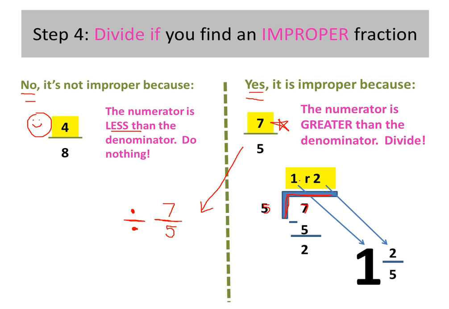Let's do the math. 5 goes into 7 once. It equals 5. We do the subtraction, and we get the 2 here. Well, 5 can't go into 2, so we're dealing with a remainder. Take them upstairs, and we see we have the answer of 1 remainder 2. But we're looking to get a mixed number out of this improper, and so far I have a 1 remainder 2. How do I turn that into a mixed number?